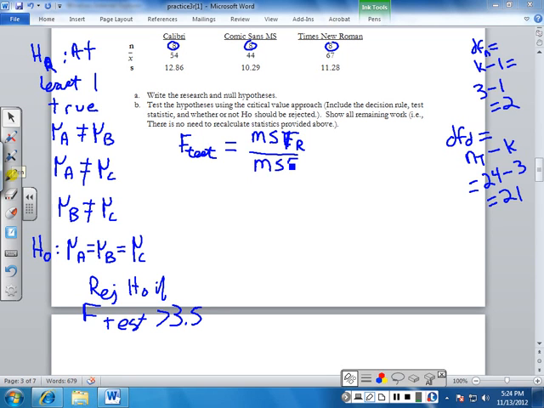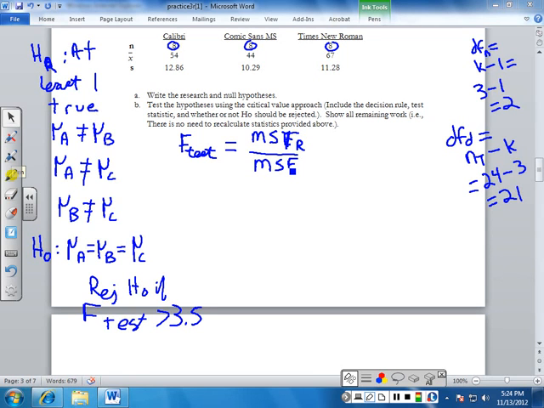I was wanting to calculate MSE first because it's easy, and so I jumped ahead there. So what do I need to do to get MSE? To get MSTR, we'll need to get the grand mean. I'm getting the denominator first, the MSE.